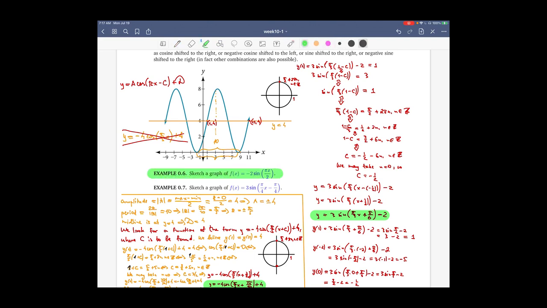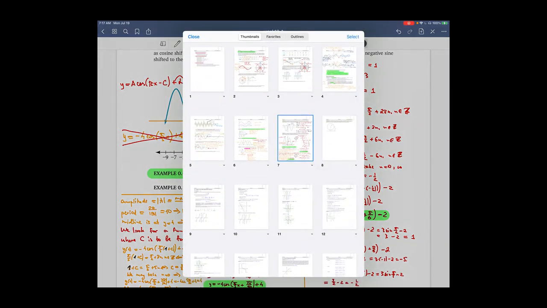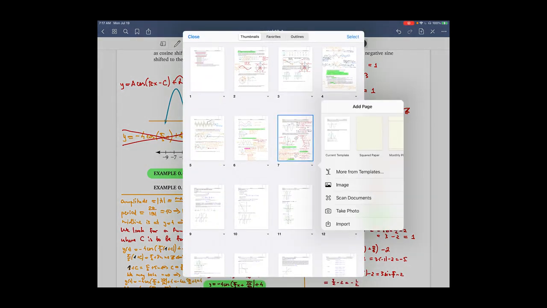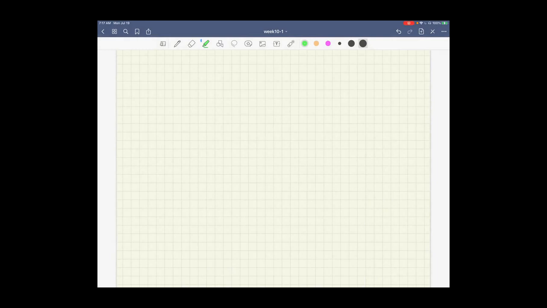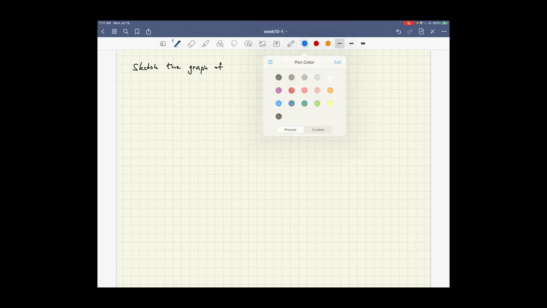Let me add a page. We're going to be sketching the graph of negative 2 sine pi x over 2.